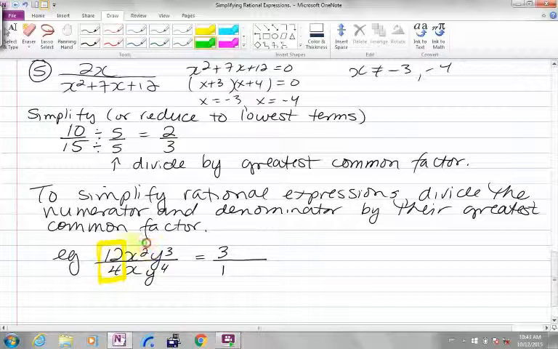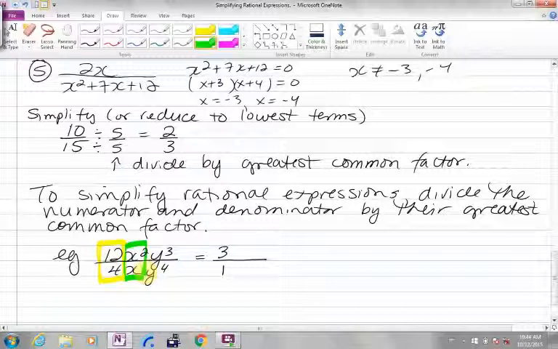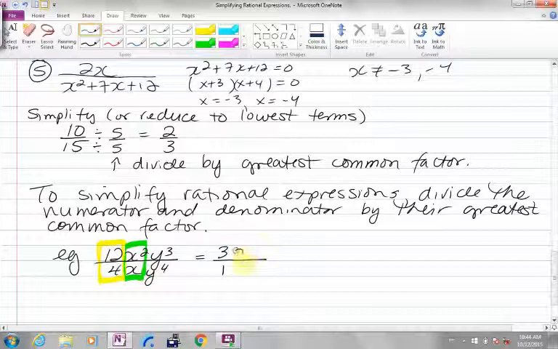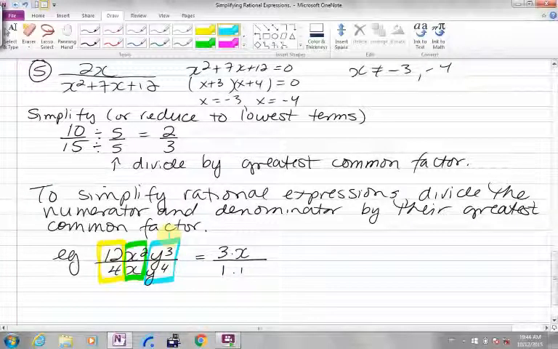Then we go to the x piece. We learned to do this in grade 9. X squared divided by x would become x over 1, yeah.